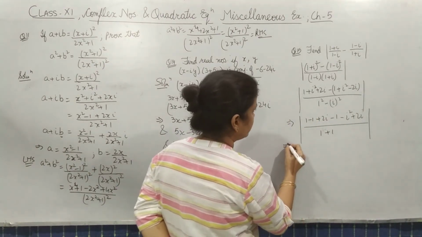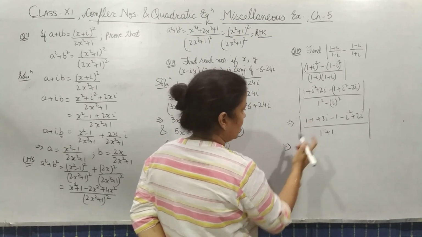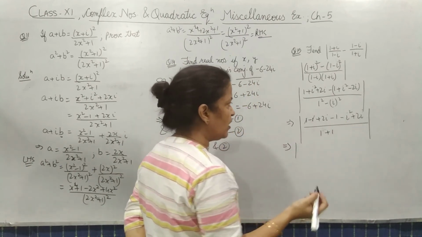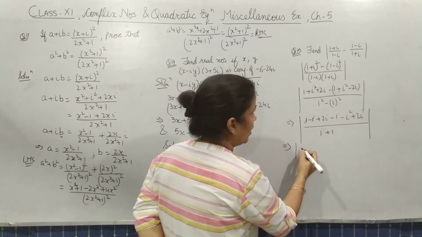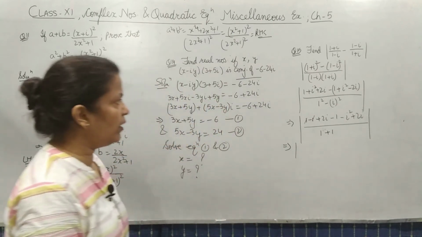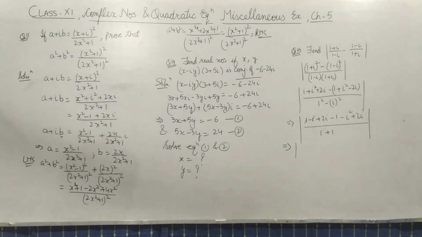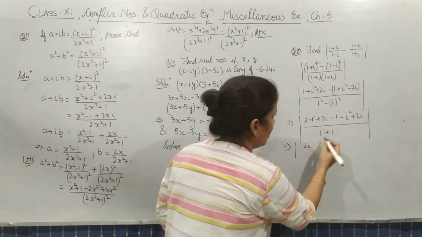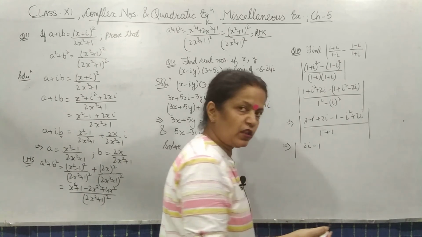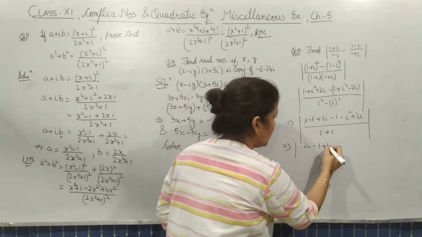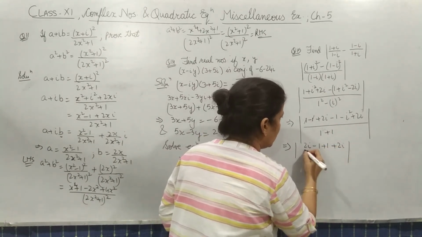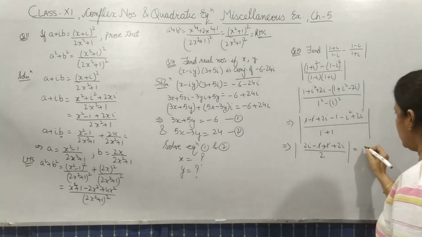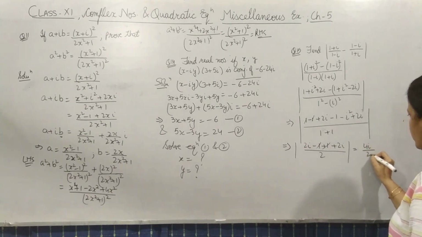Here iota square equals minus 1, and then you can solve it further. So 2 iota minus 1, iota square is minus 1, so minus minus will become plus, plus 2 iota upon 2. This also got cancelled. So it will come as 4 iota upon 2.